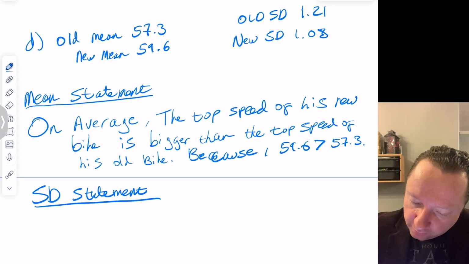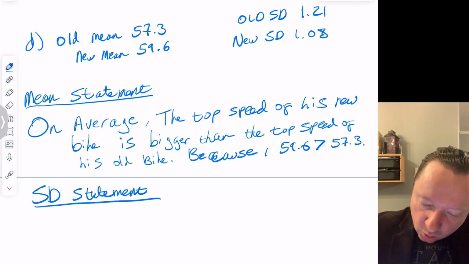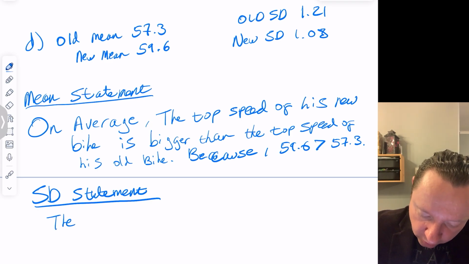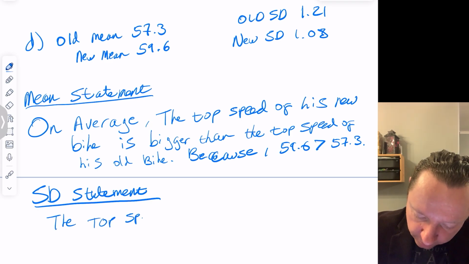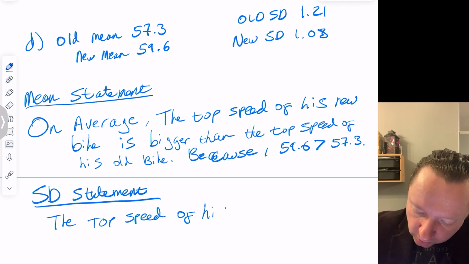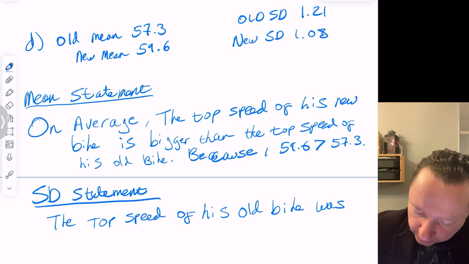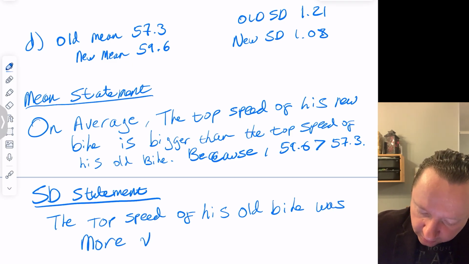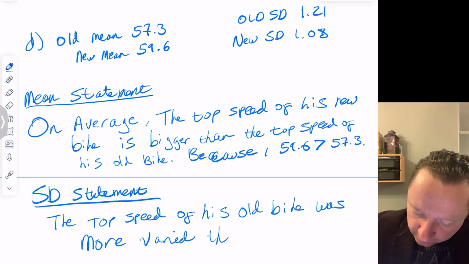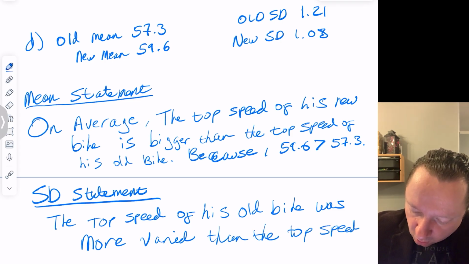So I'm going to look at the two numbers. The old bike's top speed standard deviation was 1.21. That's bigger than 1.08. So not on average, but looking at the top speeds of his old bike was, and here's the keywords coming, more varied than the top speed of his new bike.